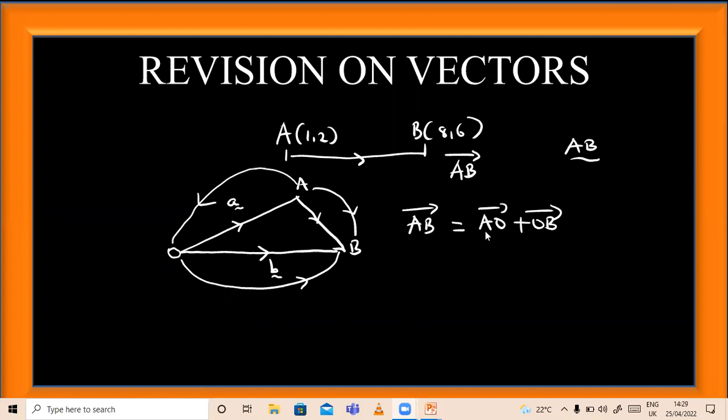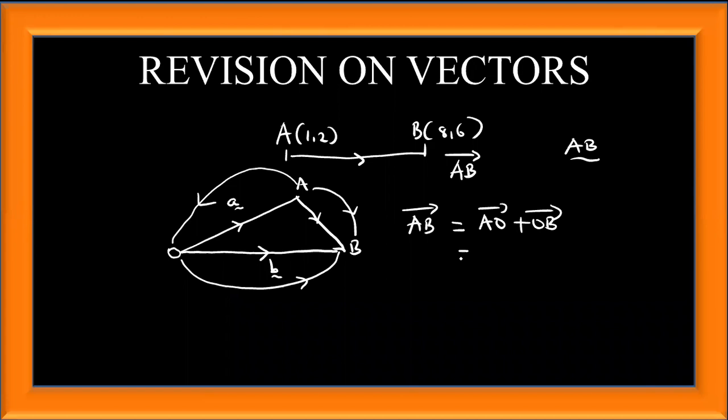Now, to add on a little bit, from AO you're going to realize we are moving in the opposite direction to the one indicated here. Because of that opposite direction, we shall indicate this as negative of A, then plus OB.